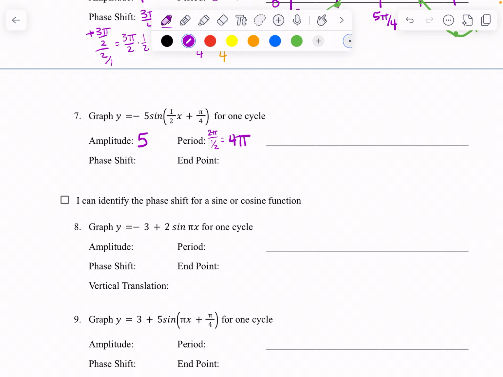Phase shift, negative c over b. So negative pi over 4 times 2, so negative 2 pi over 4, so negative pi over 2.